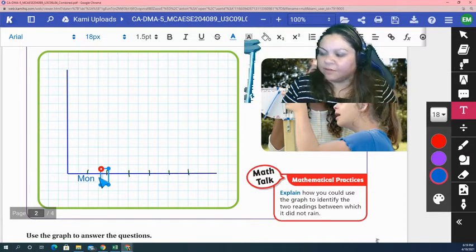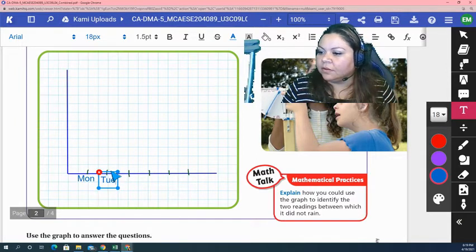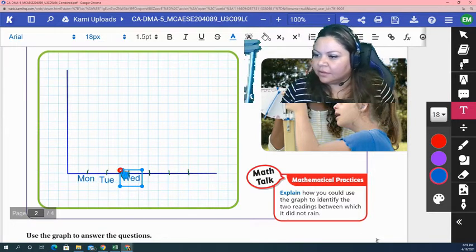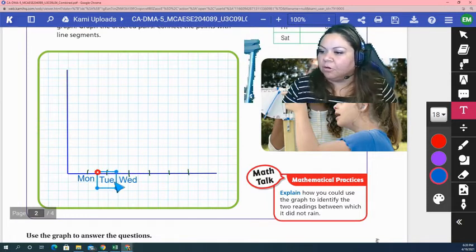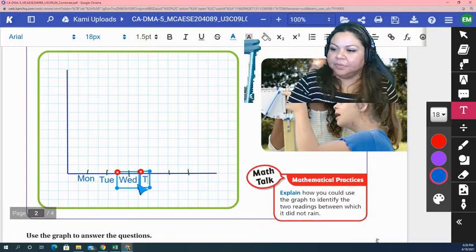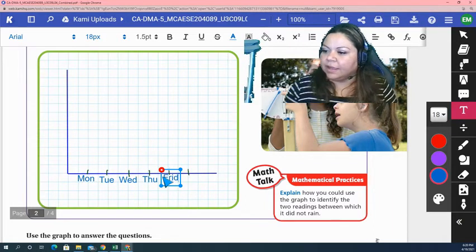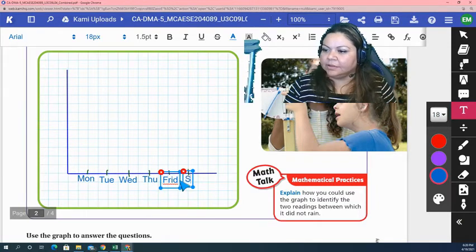So I have Tuesday, and then we'll have Wednesday. And you should be doing this in your paper, right? I hope you guys are. Thursday, and then I have Friday, and then I have Saturday.